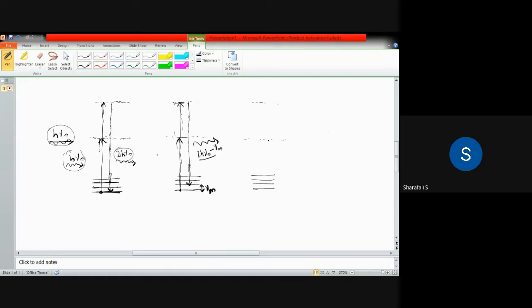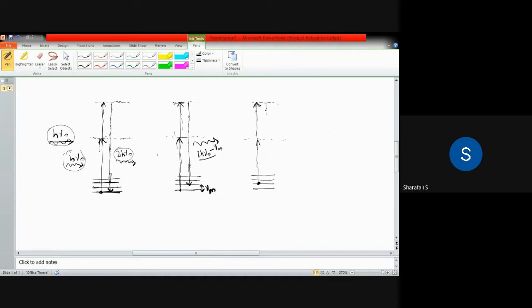And in the third case, we have to consider the molecule exciting from somewhere here, which means that it is already in that excited state. So it will go to this level, again interact with one more photon and go to the next, higher energy level.